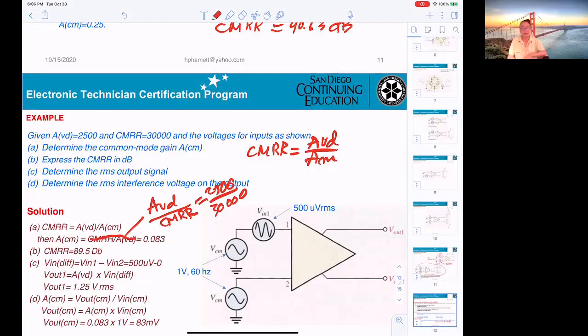Okay. Now, tell me what is the output of your signal. Your input is 500 microvolt RMS.